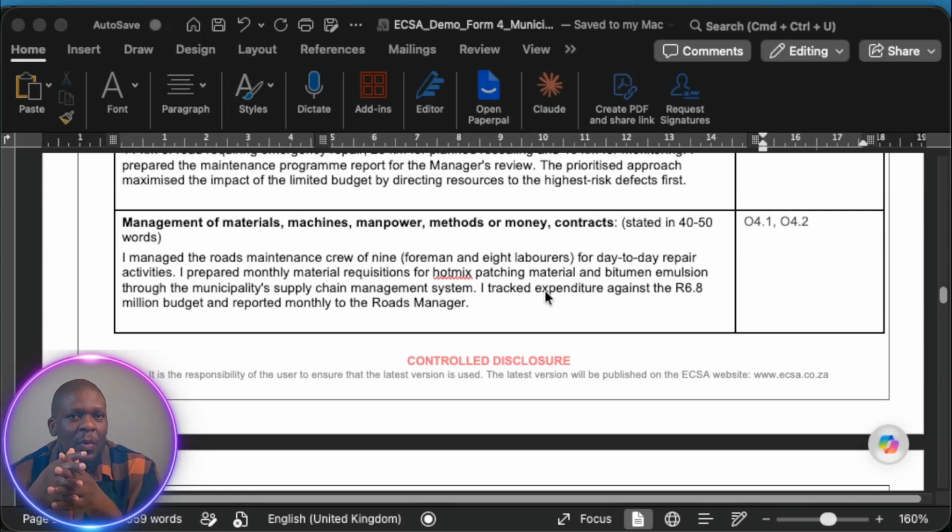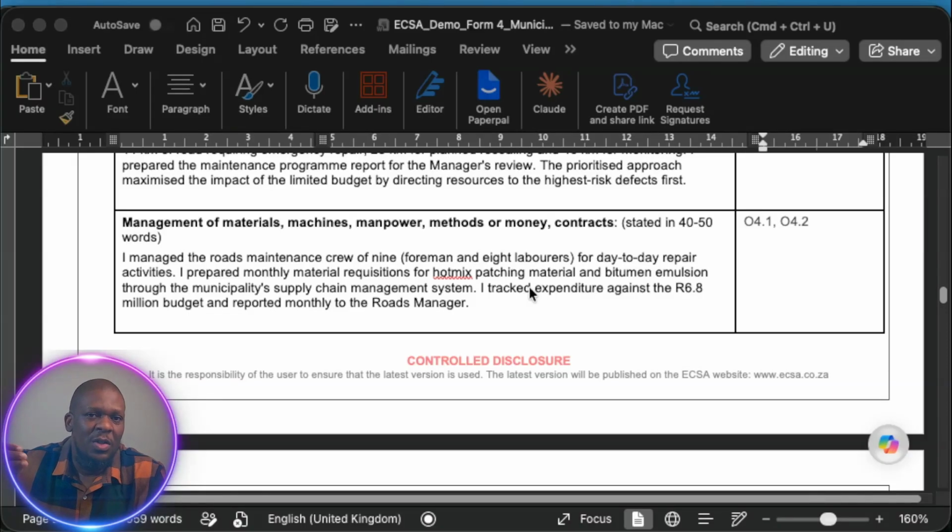For this example, I manage the road maintenance crew of 9 people, 1 foreman, 8 laborers. It means that you have a team. You are performing the maintenance internally as that local municipality.